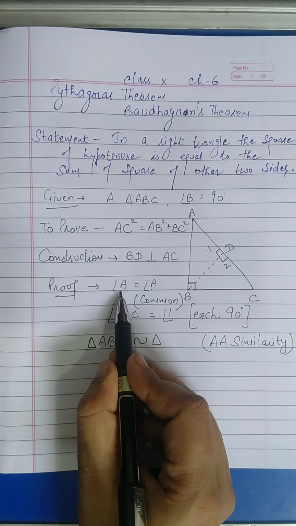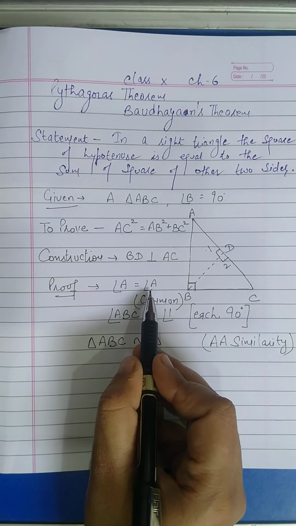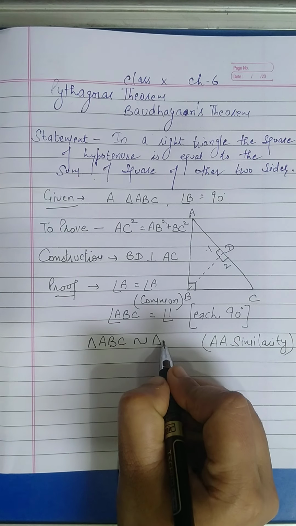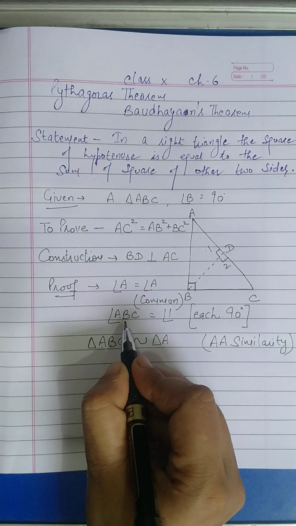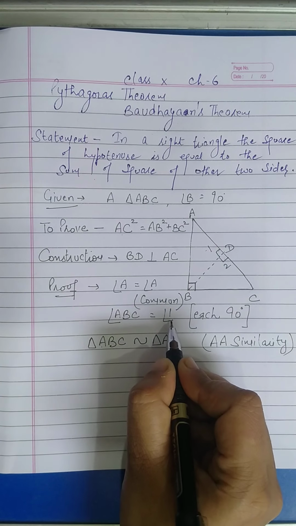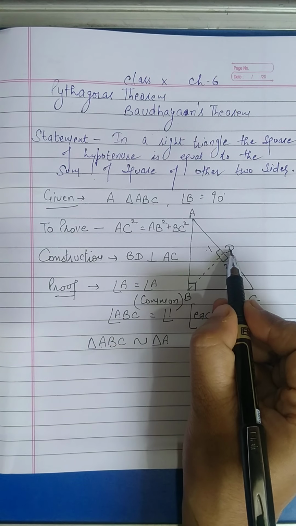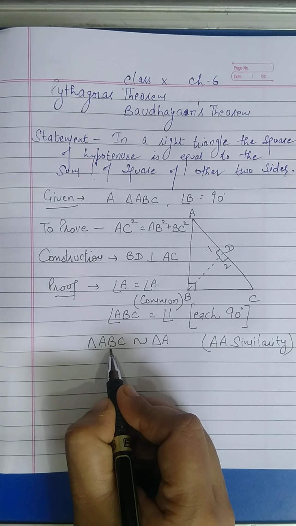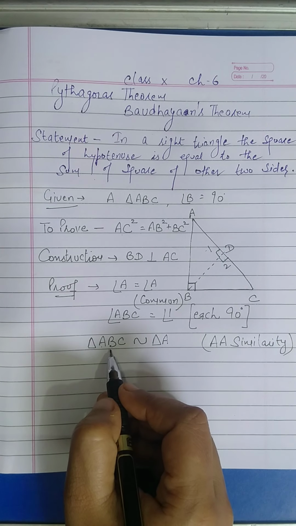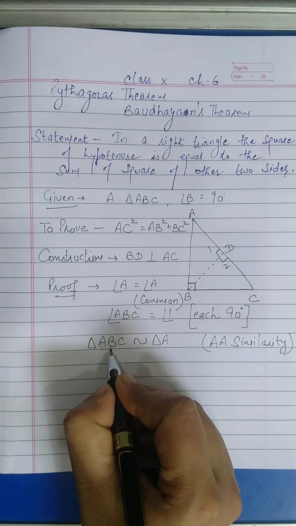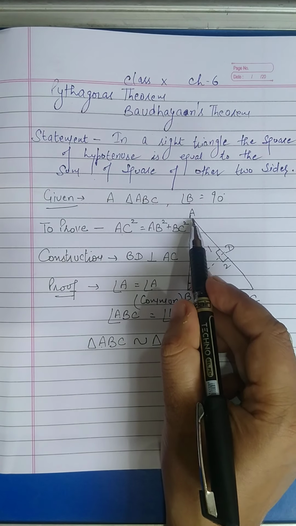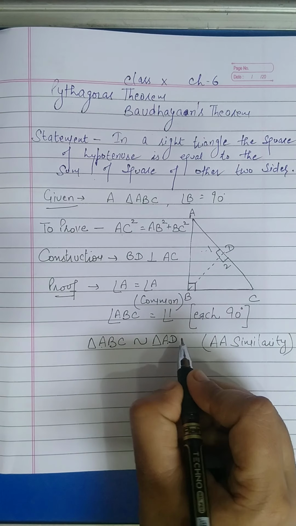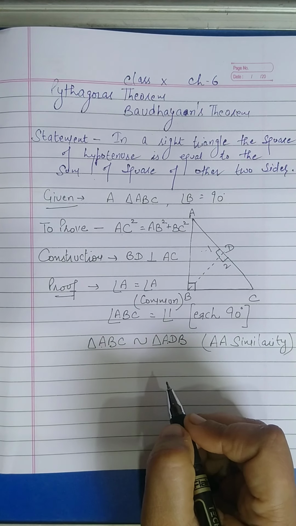Now A is equal to A. Corresponding angle you have to write on the same position. A is equal to A. Angle B is equal to 1 and the labeling of 1 is D. It means in place of B, B is at the center, the corresponding angle is D. And the third vertex of ABD triangle we have to write at the last.